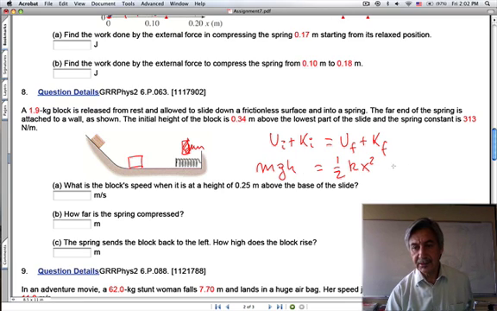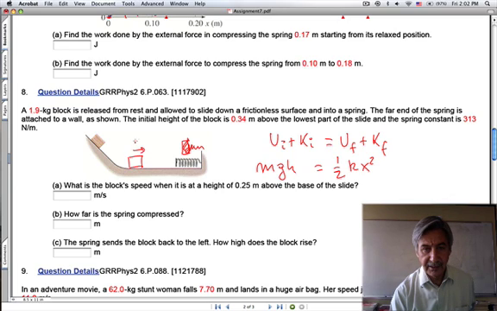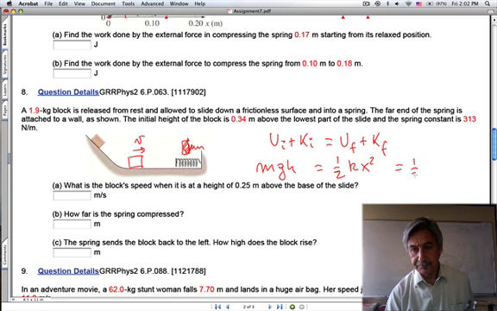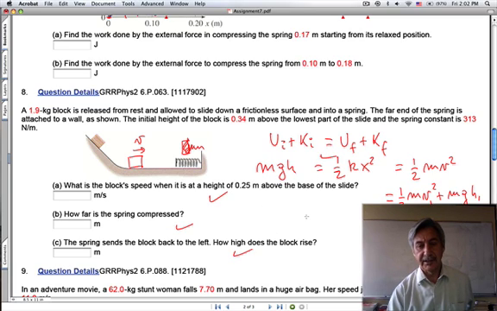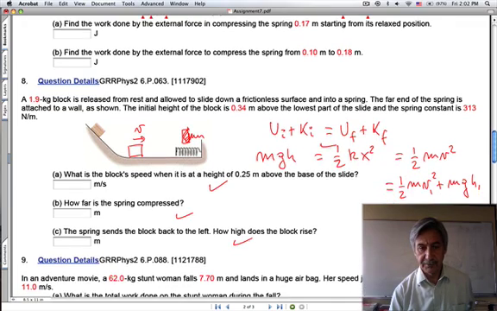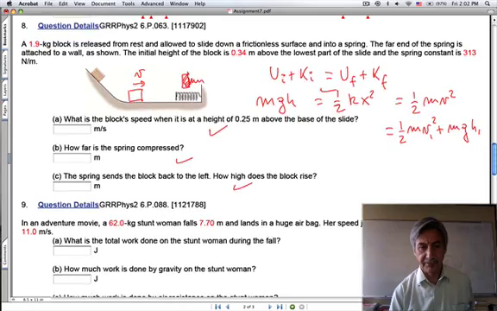But this is when it has a speed v here, horizontal is that. In between, it can have a different speed because it has a different height, which is what you can do for part A. This is what you do for part B. And of course, the energy is conserved. So you have to apply that concept there.